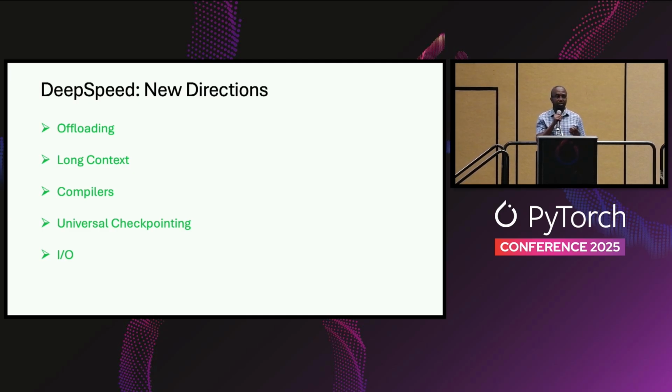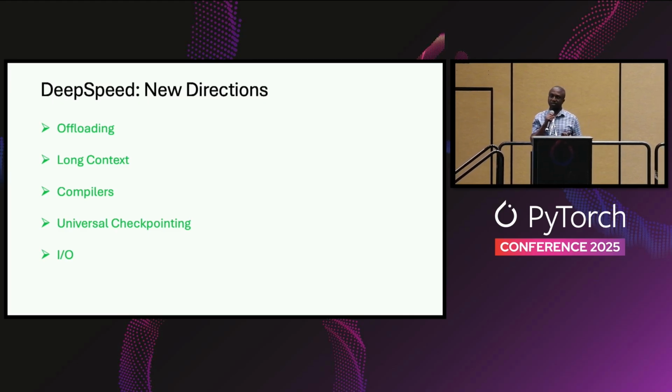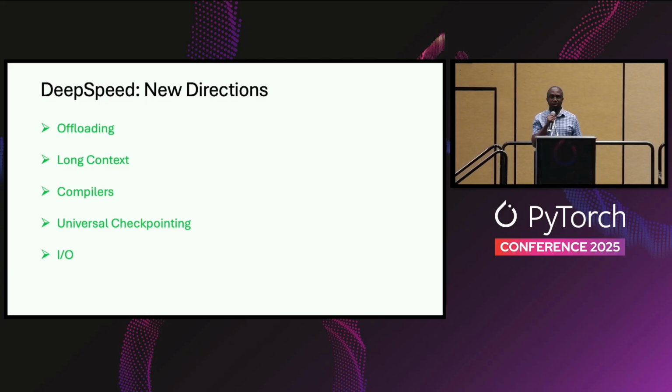Long context, our context windows are also scaling very dramatically as more applications are being digitized with AI. We're also taking advantage of compiler technology, and checkpointing becomes more complicated once you start doing distributed training, and I/O itself also becomes an important scalability problem.